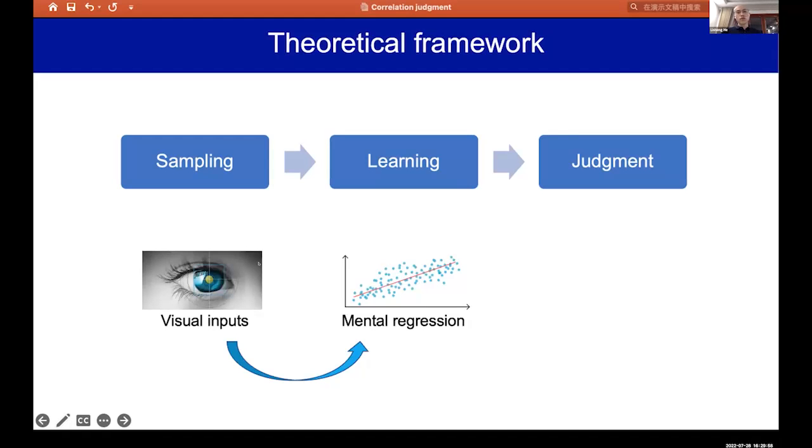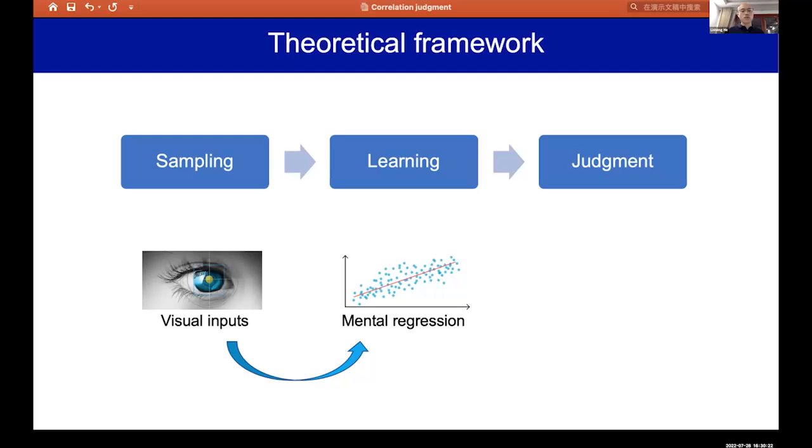In terms of operation, we do it this way. To capture the participant's sampling process, we use eye tracking to capture what data points the participant has seen in the graph. Then we assume that the participant may be able to perform some mental regression, as in a simple regression.